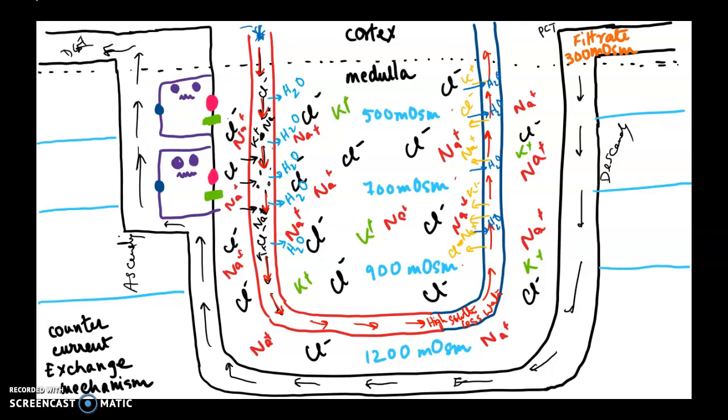That results in hypertonicity of blood, or higher osmolality of blood. So blood has more solutes and less water. However, as this blood moves back up the vasa recta, salt goes out and water comes in, as shown by the yellow arrows and the blue arrows respectively. And this is called the countercurrent exchange mechanism.